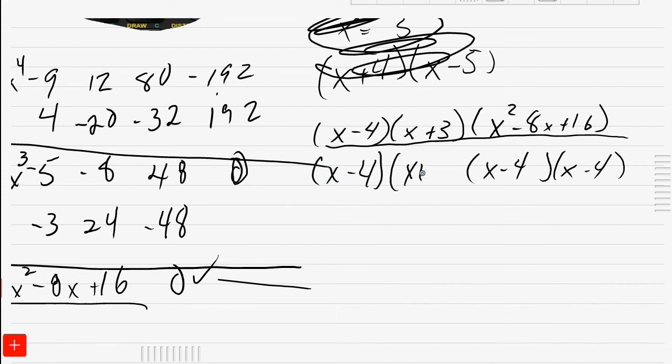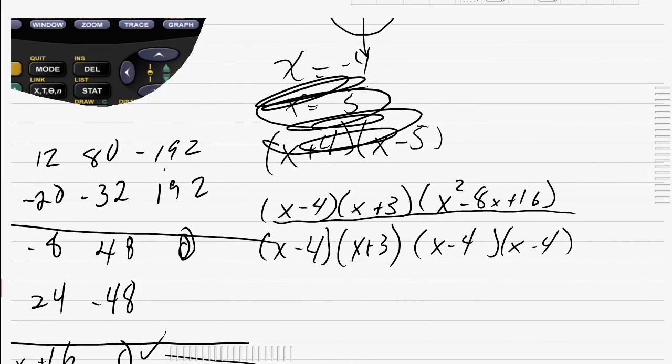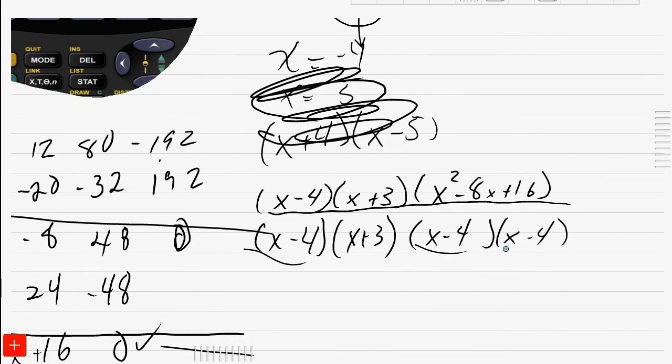So what happened was that x minus 4, that 4 is a 0 of the polynomial, but it has what they call a multiplicity. It has a multiplicity of 3 because the factor repeats 3 times. So our factored form, you could write it in shorthand. You could write it like this if you'd like, and put the little power of 3 there.